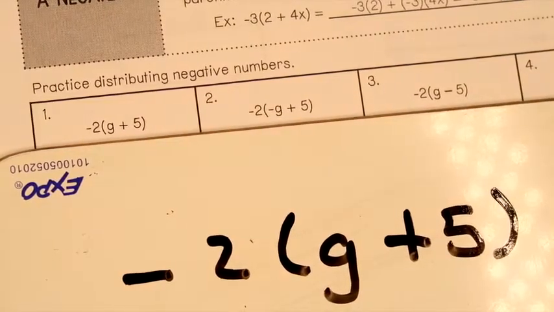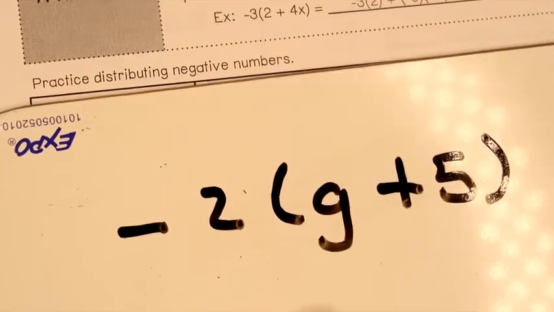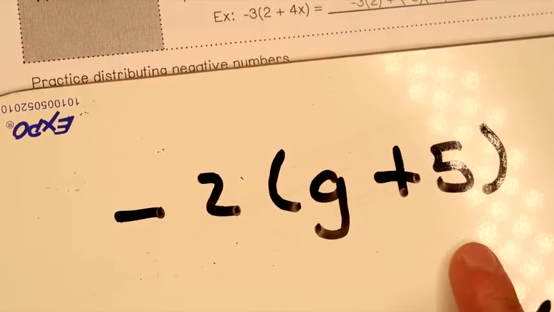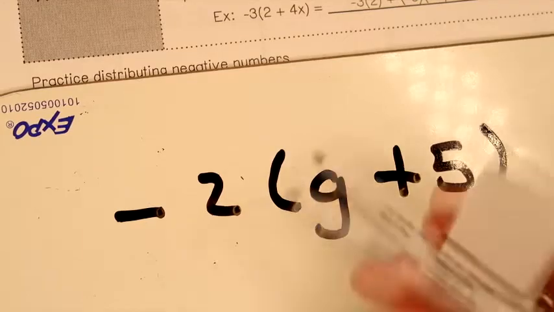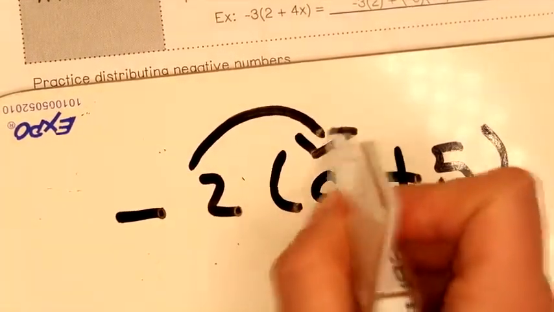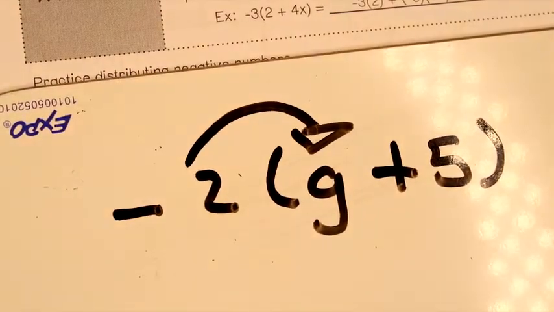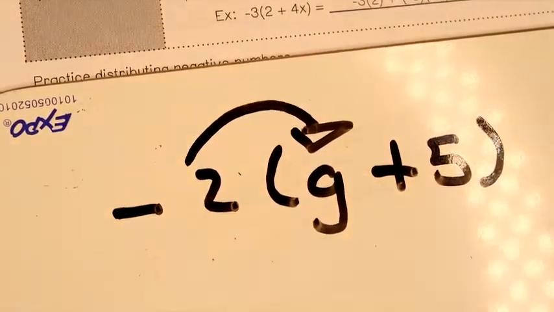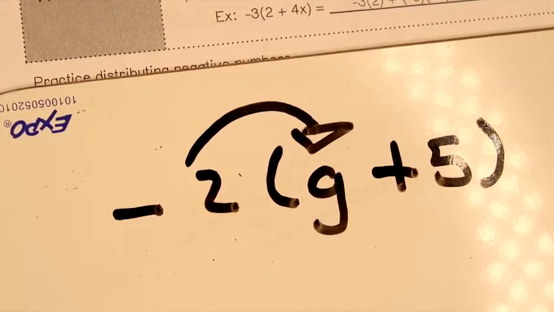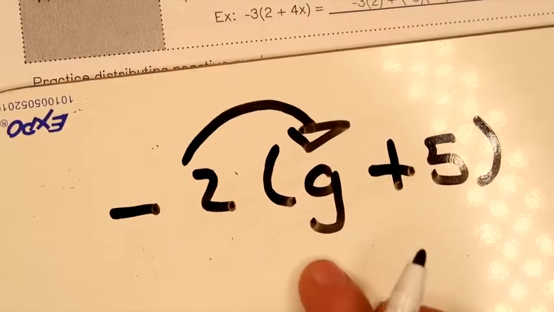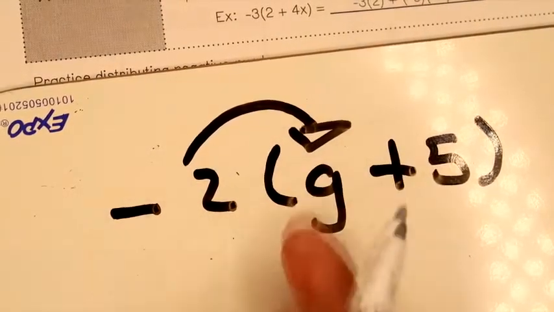Okay, so we have the first one, which is negative 2 times (g plus 5). So we're going to distribute this negative 2 to the g. Now remember, when we have a variable, it doesn't matter what letter, A, B, C, D, E, F, G, X, V, T, whatever it is, we always assume that there's an invisible 1.